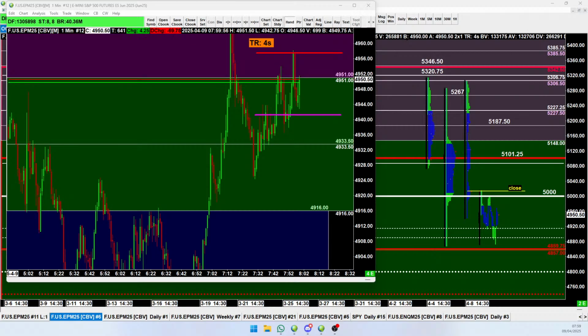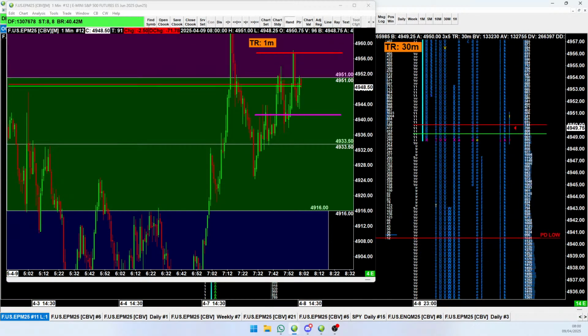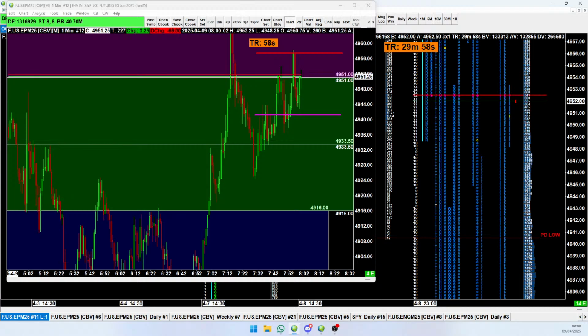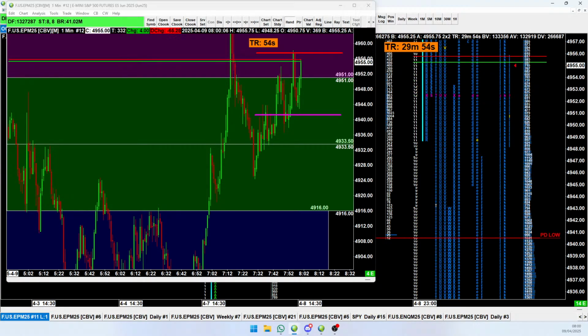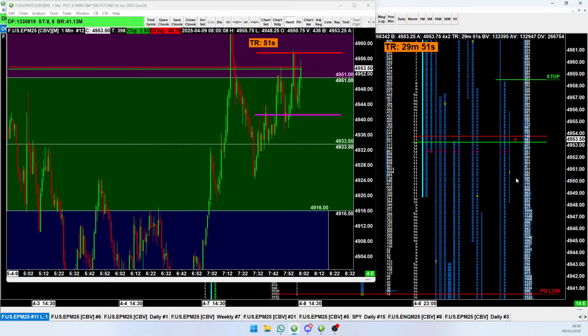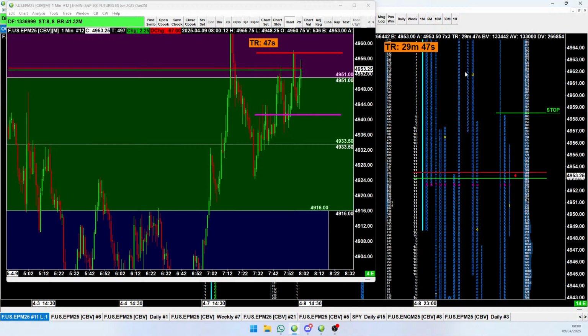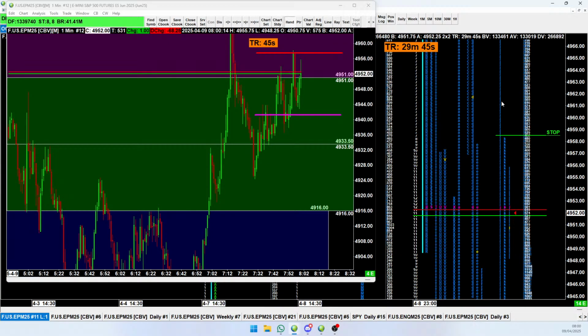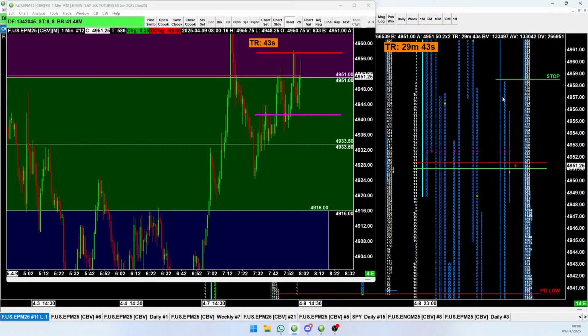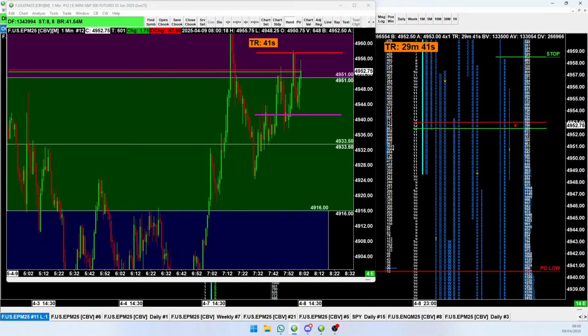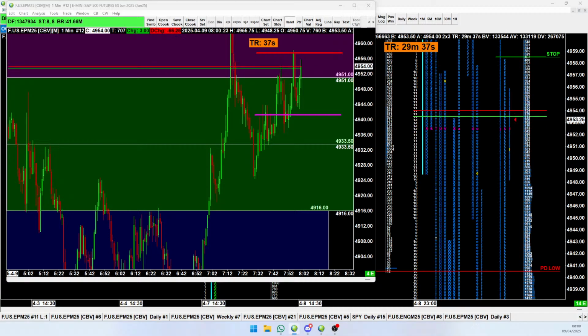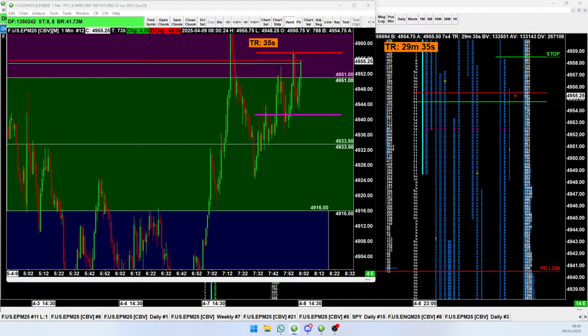Can we get back above the close of yesterday? Here's London. Let's see if London can hold that 51.